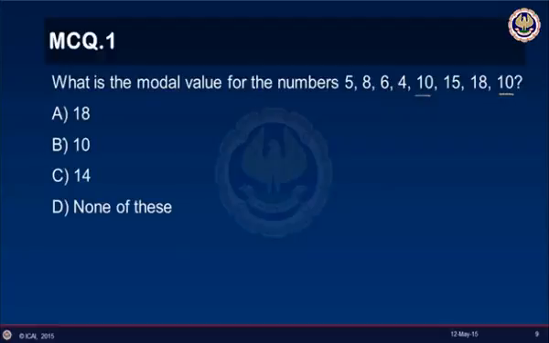The rest of the values are repeated only once. Based on the definition of mode, the maximum number of repeated items is 10 only. So mode is 10 for this data.